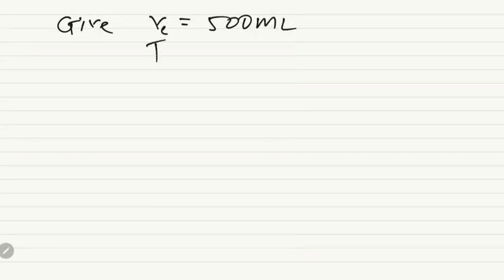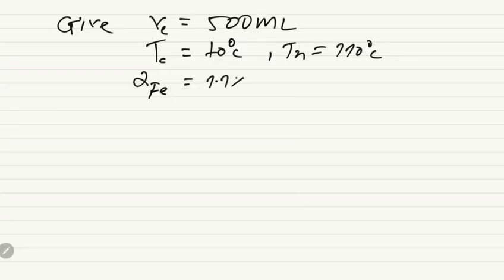So we are given V cold, it is 500 ml, and T cold is 10 degrees Celsius, and T hot is 110 degrees Celsius, and alpha for iron, alpha for Fe, is 1.1 times 10 to the power of minus 5.